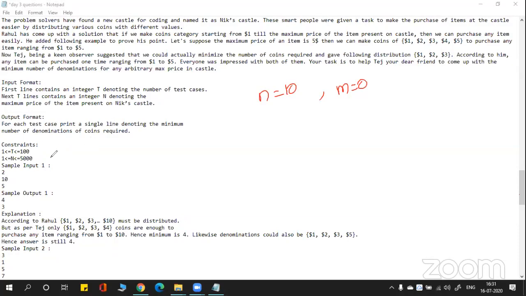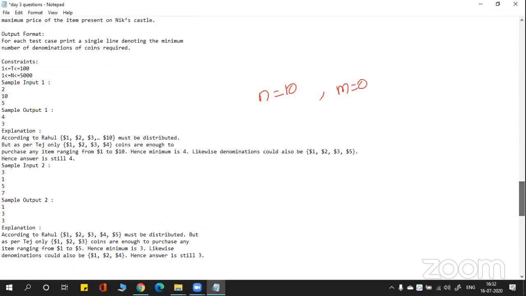This is the second test case. If you have a doubt, check for these test cases whether the right shift operation is working or not. So I'm taking n equal to 10 and m equal to 0. This m equal to 0 will represent the maximum number I can form.